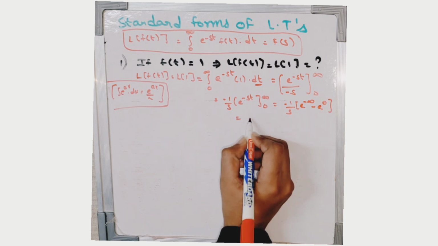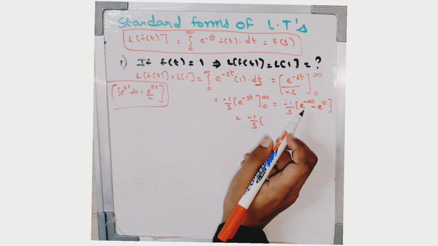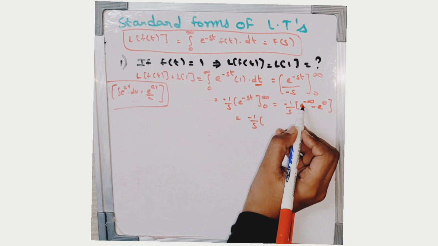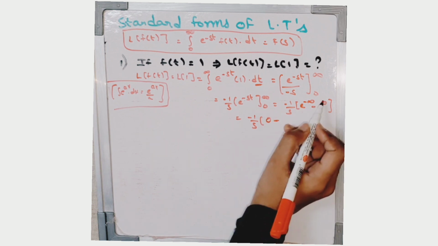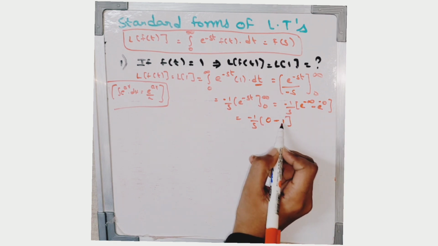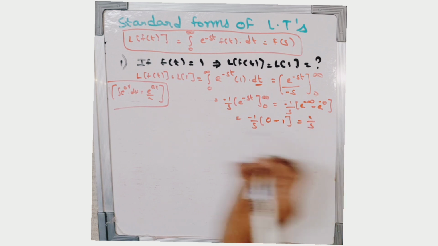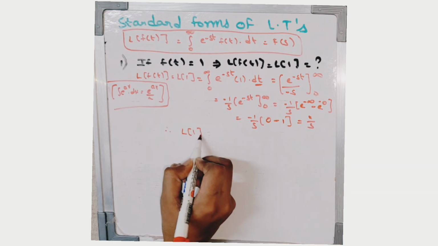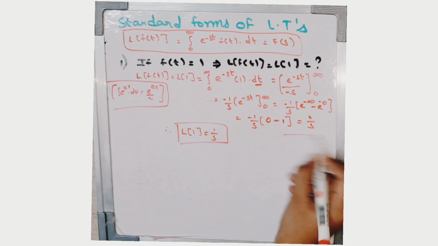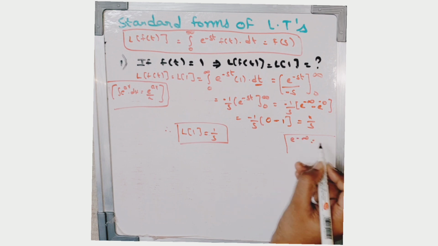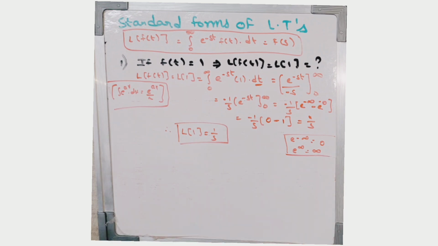So it equals minus 1 by s into, e power minus infinity is 0, minus e power 0 which is 1. So 0 minus 1 is minus 1, and with the minus 1 by s outside it becomes 1 by s. Therefore the Laplace transform of the constant 1 is 1 by s. And please remember that e power minus infinity is 0 and e power infinity is infinity.